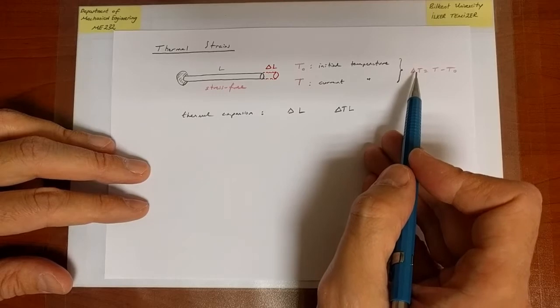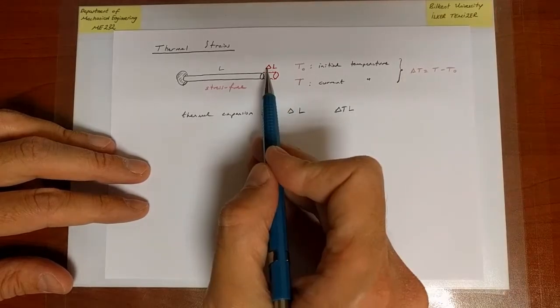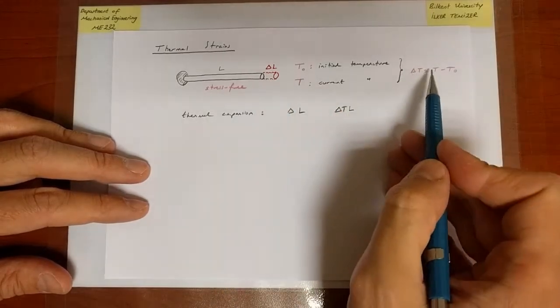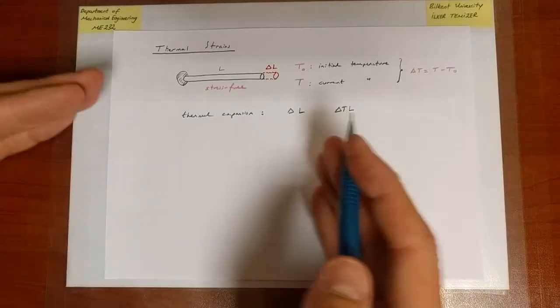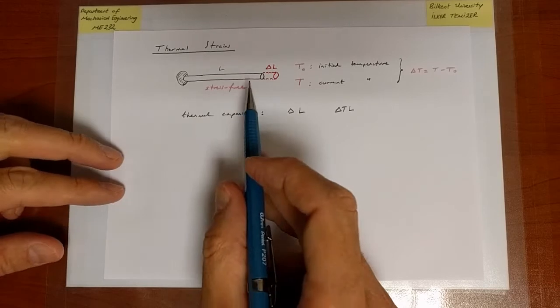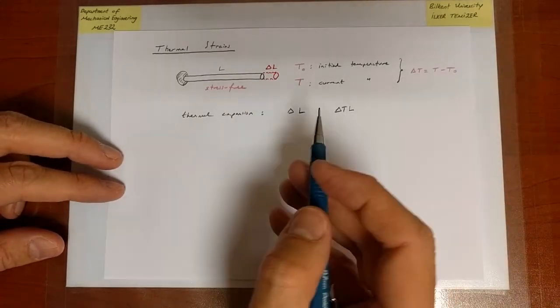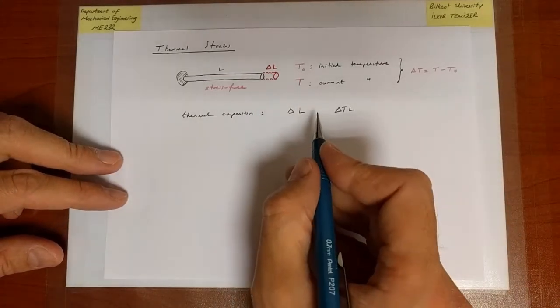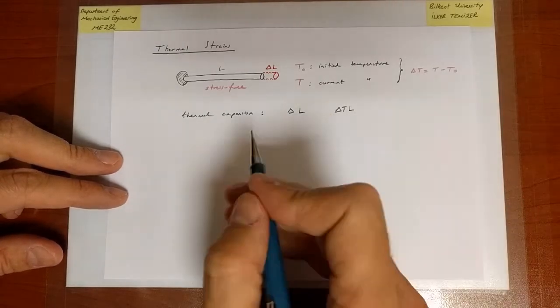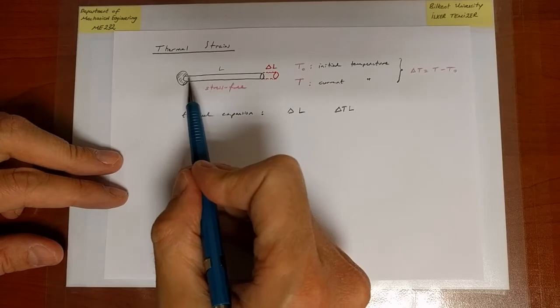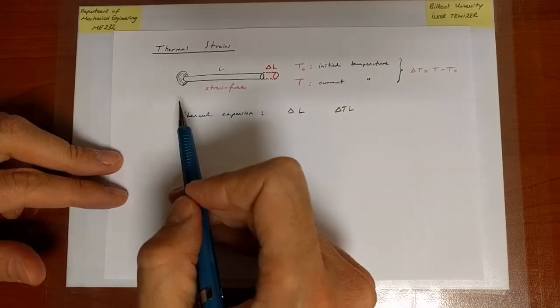And of course, what we will see is that if delta T is positive, delta L is positive as a consequence of proportionality. If delta T is negative, then delta L is also negative. So if you cool down the beam, it will contract instead of expand. So finally, we see that this trend is observed for any material that you could possibly make the beam out of.